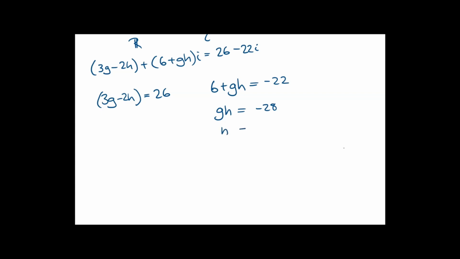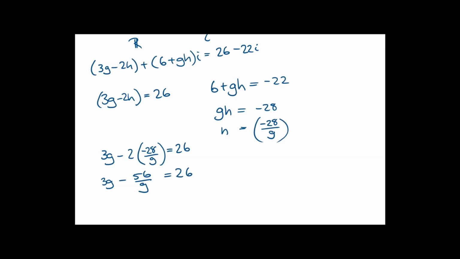So h is going to be equal to minus 28 over g. If we have an h in this one, we can put in g. So 3g minus 2 times negative 28 over g equals 26, and we have one equation and one unknown. So you've got 3g minus 56 over g equals 26.